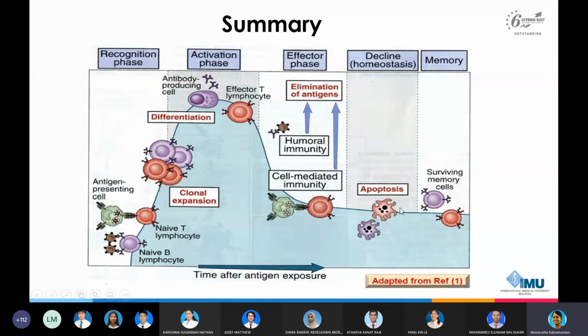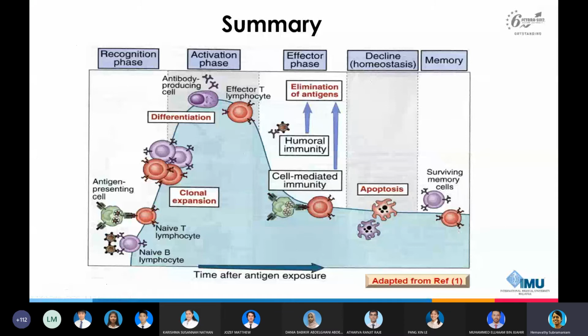And for the memory phase, you will have surviving memory cells which did not take part in the current ongoing elimination process. They are important for the secondary response if they encounter a similar antigen again. That's where and when they will react.